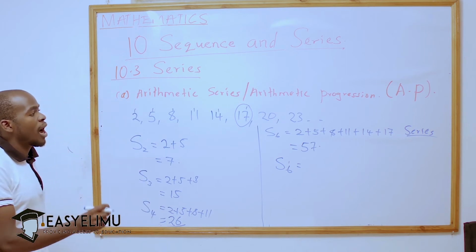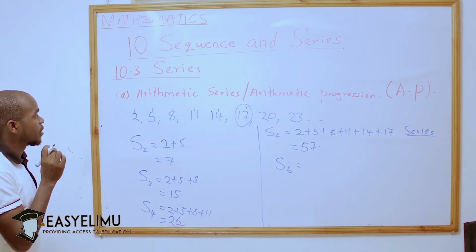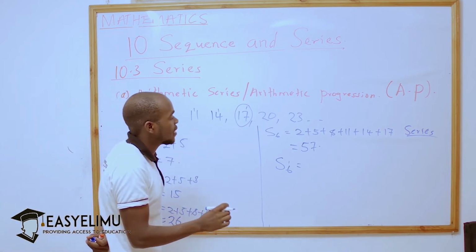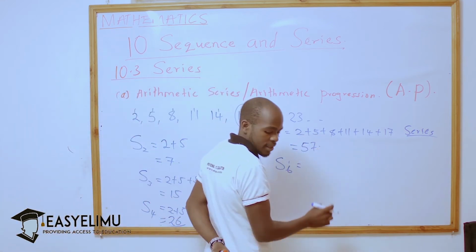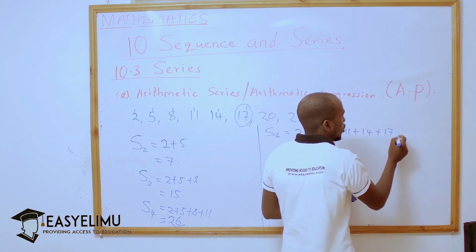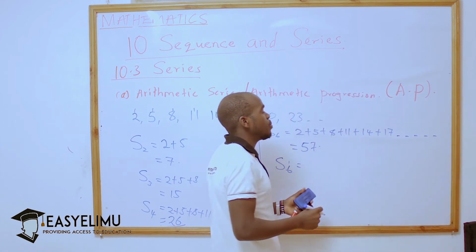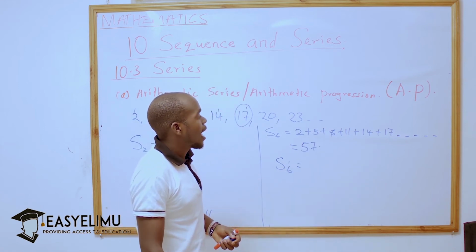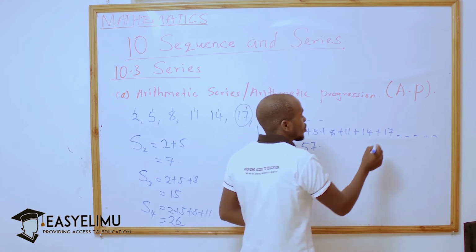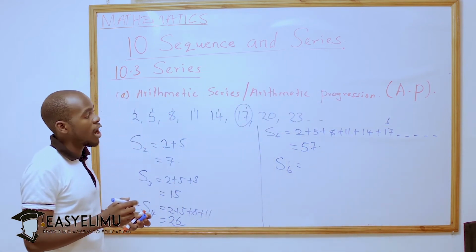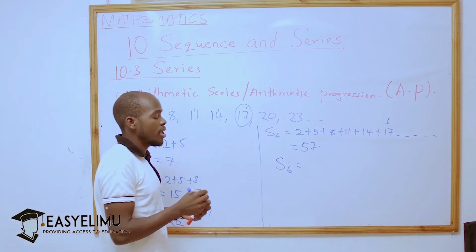If you sum up an arithmetic sequence, then you have an arithmetic series. It may go on up to a given position, but I'm ending at the 6th term in the arithmetic sequence. So I'm summing up and coming up with a series.